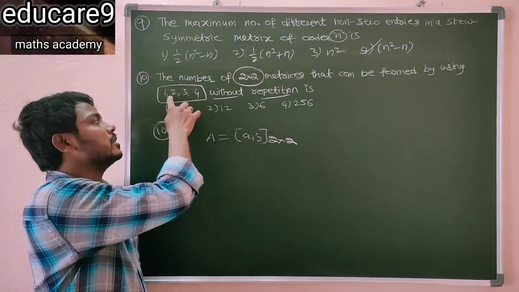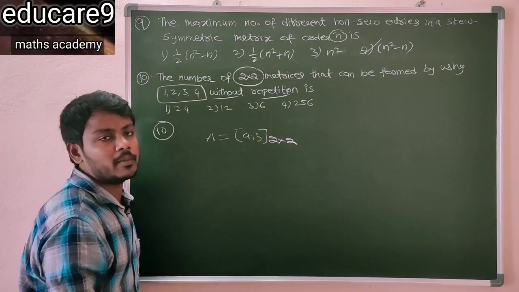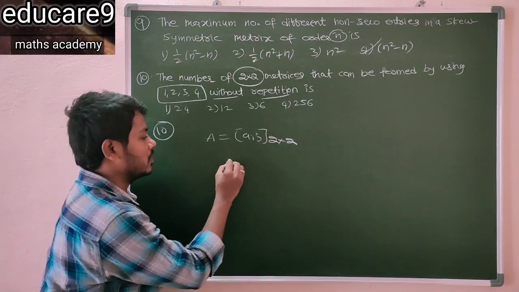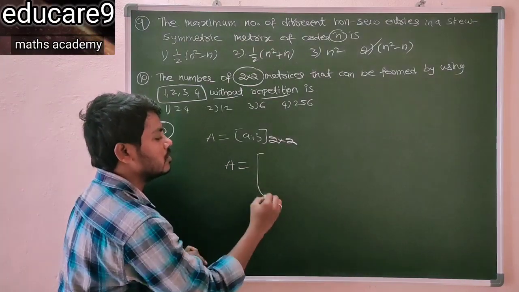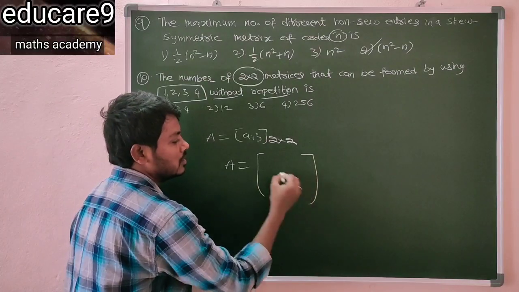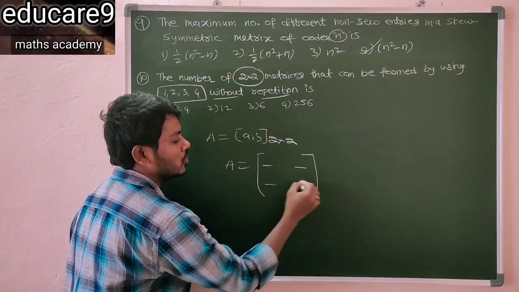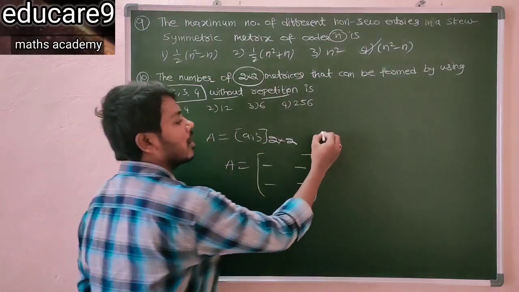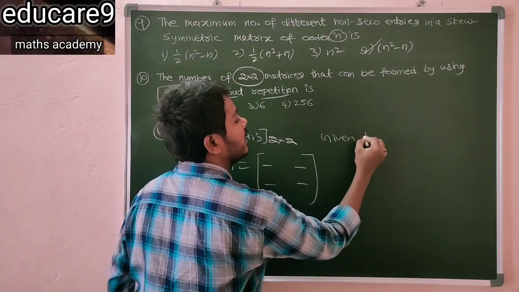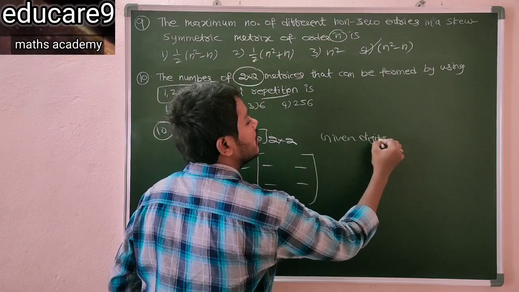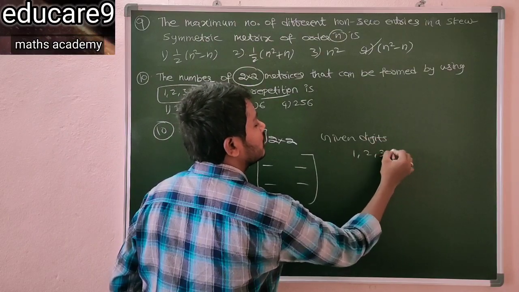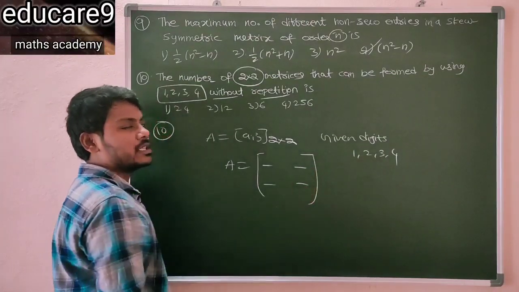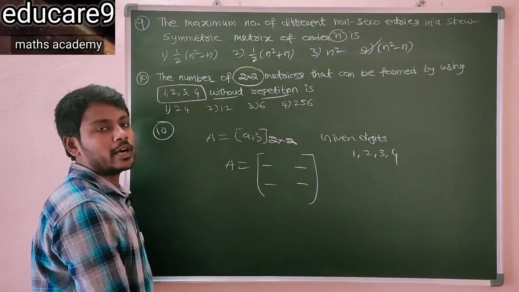So using these 4 digits we can form the 2 by 2 order matrices. Here A has 2 rows and 2 columns. And the given digits are 1 2 3 4. So clearly you have to use these 4 digits to form the 2 by 2 order matrix.